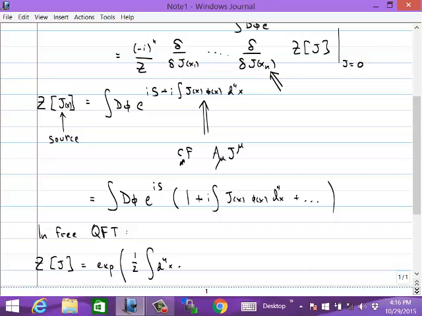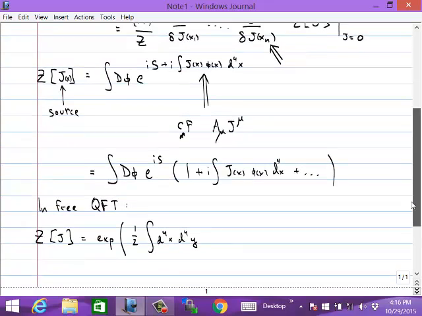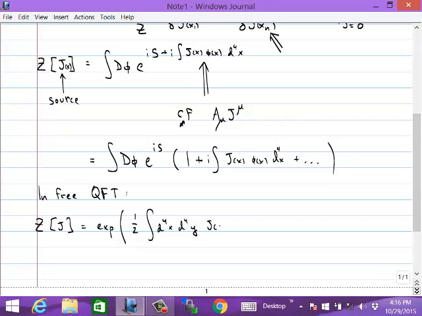Very often the functionals that you've met so far in your life are things like the action, which is a functional of the path. That's what we would call a local functional, because it was an integral d4x of something. This partition function is what you might call a bilocal functional because it's a function of two variables, x and y.